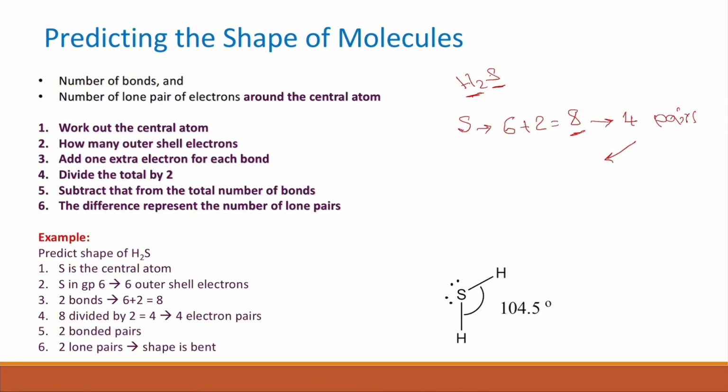Two of these will be bonded pairs because we have two bonds, and the other two will be lone pairs. So we calculate the bonded pairs, and the remaining will be lone pairs. When we have two bonds and two lone pairs, the shape is going to be bent like water. So H2S is similar to water with a bond angle around 104.